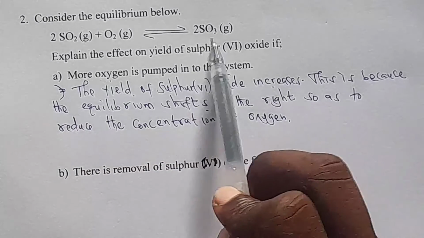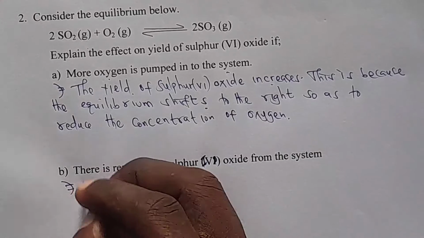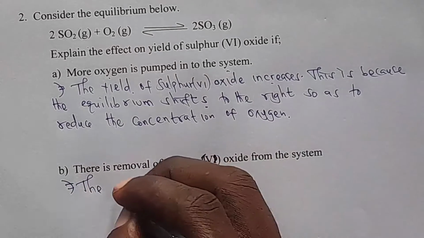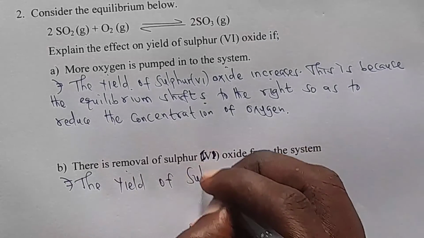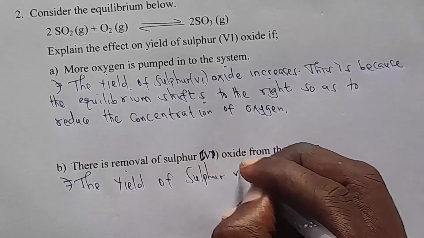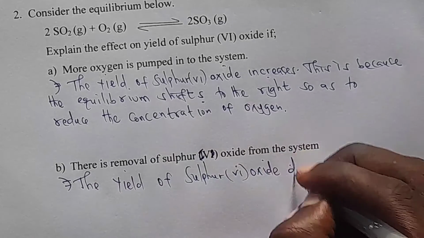That means the yield of sulfur(VI) oxide will decrease. So we are going to say the yield of sulfur(VI) oxide decreases.